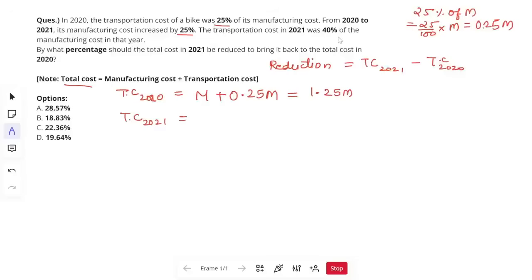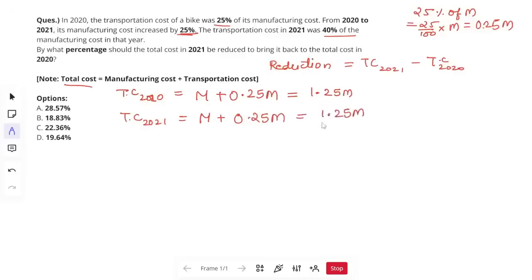So manufacturing cost in 2021 will be M, again because we are not given the manufacturing cost here also, so we consider it in terms of M, and then we add 25%, because it is increased 25%, so 0.25 M. This will also be 1.25 M.